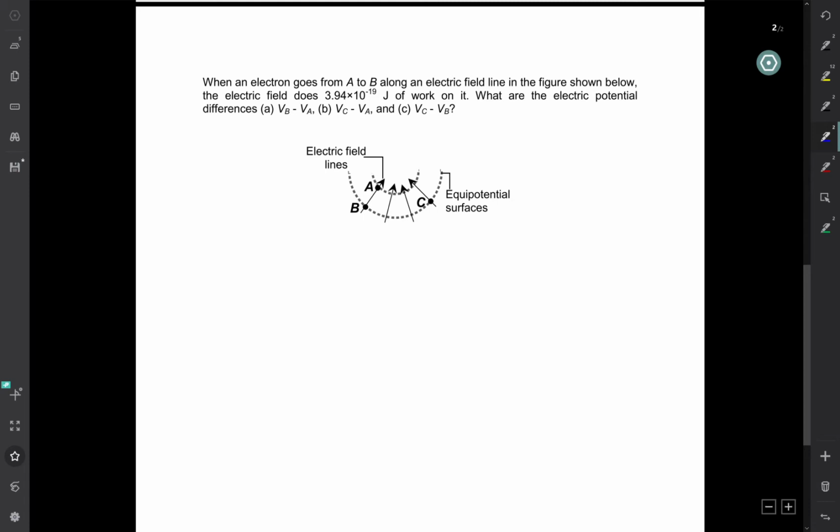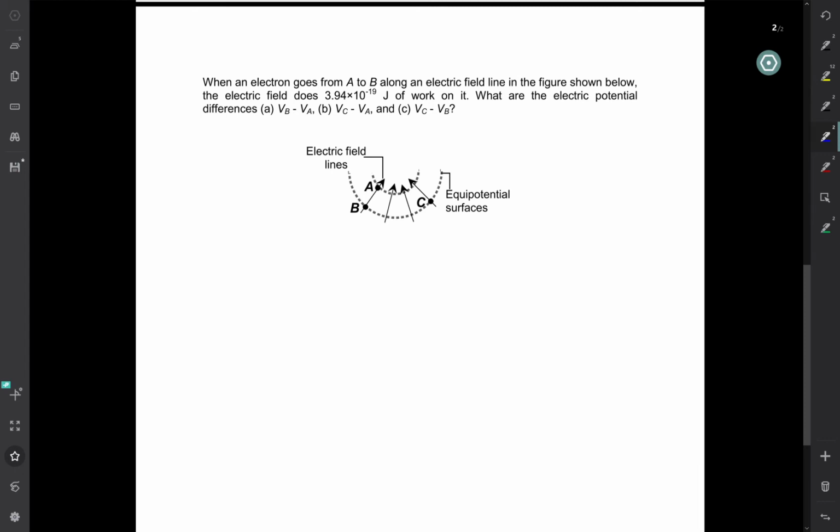So we expect the electric field to apply a force to the electron in the opposite direction of the field line, such that the electron would go from point A to point B. And the question confirms that too.